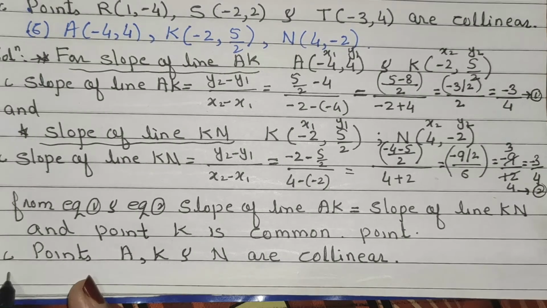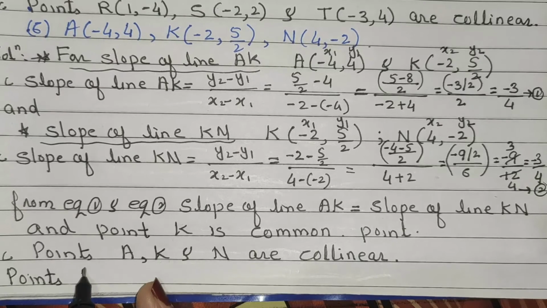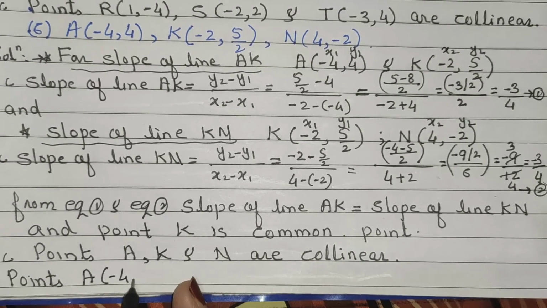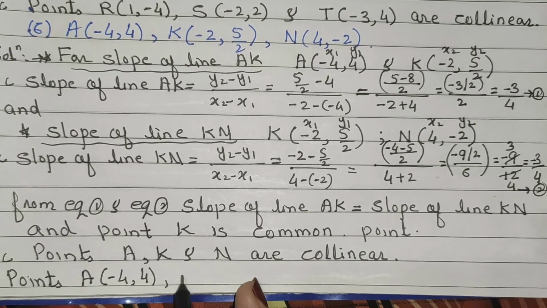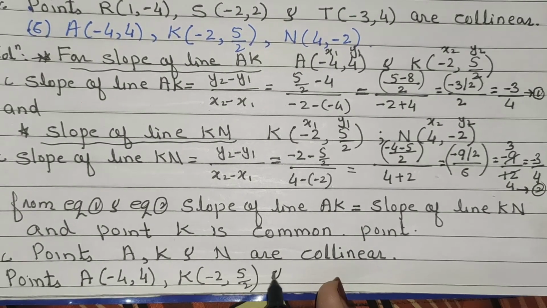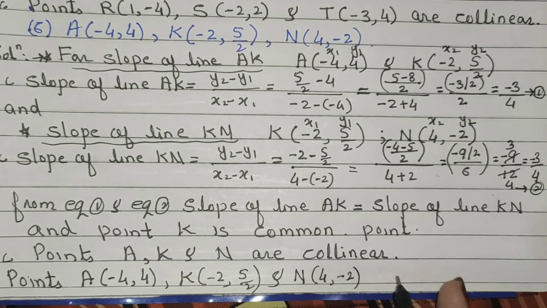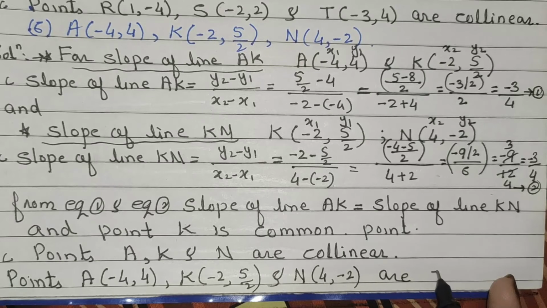Therefore write down the answer here. Points A(-4, 4), K(-2, 5 upon 2) and N(4, -2) are collinear.